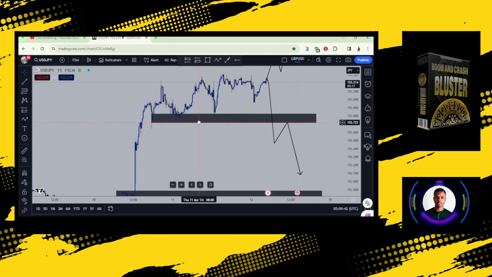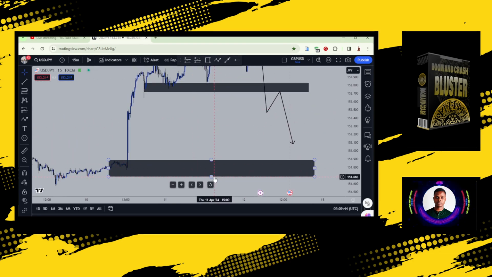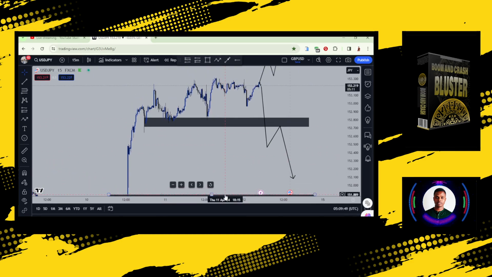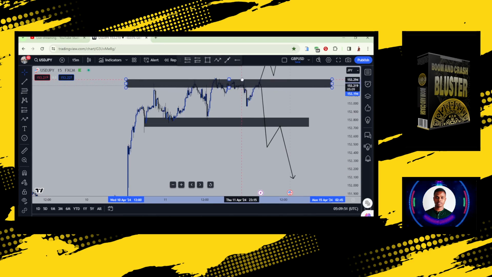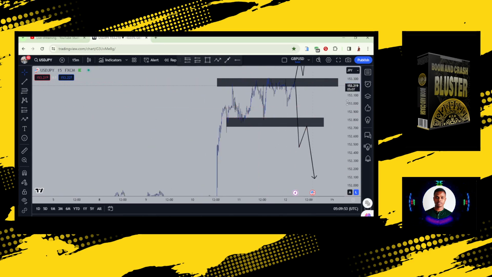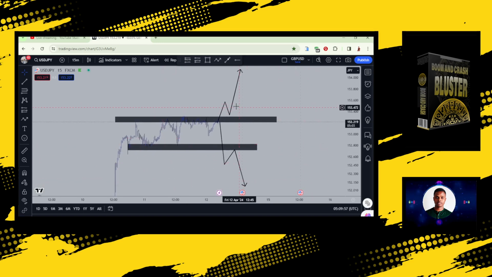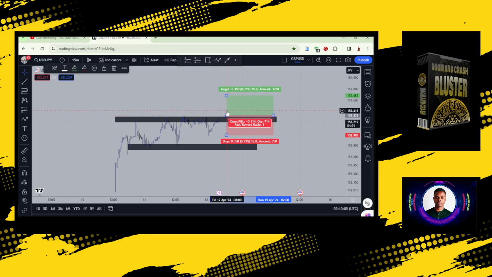So my two areas of value that I'm going to use in this trade are these ones, and I have two options right here because I have two strategies that I can use. I have two options of placing my trades. So my trades will likely look like this, right? That's the only thing that I will do here.